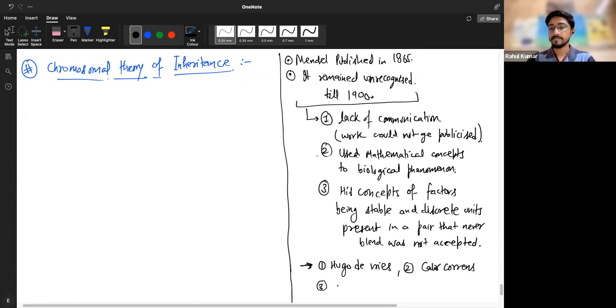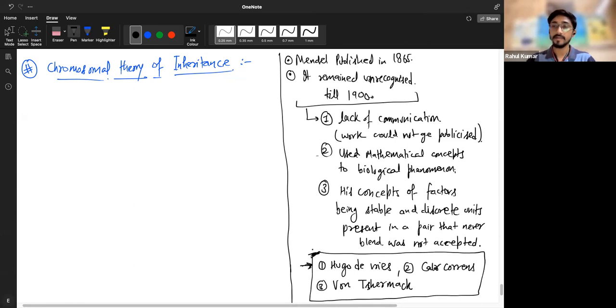And third was von Schermack. These three scientists independently and separately rediscovered Mendel's work. Write down: they rediscovered Mendel's work.